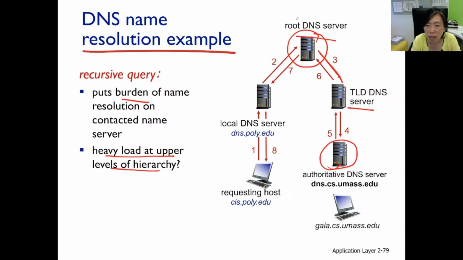Keep in mind, there are only some tens of root DNS servers, physical root DNS servers. If everyone is always sending queries to the root, we could quickly bring down all these root DNS servers. And that's not really a viable solution. Therefore, recursive query is an option that we try to disable at the local DNS server.